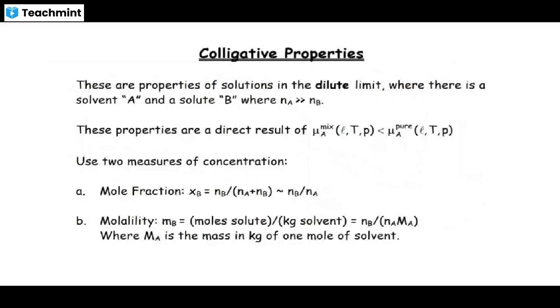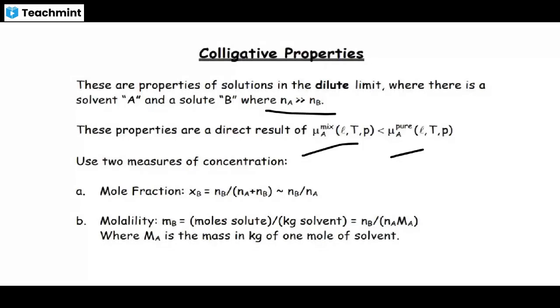Qualitative properties: these are properties of a solution in the dilute limit, where there is a solvent A and a solute B. Dilute means the solvent is greater than the solute B. These properties are a direct result of mu A mixing. We know the chemical potential of the mixture is always less than the pure. Use two measures of concentration.